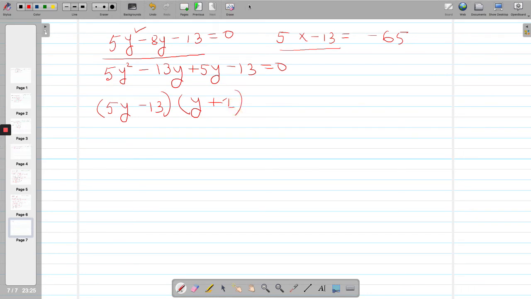Yes, and then this is equal to 0. On the right hand side it is 0.